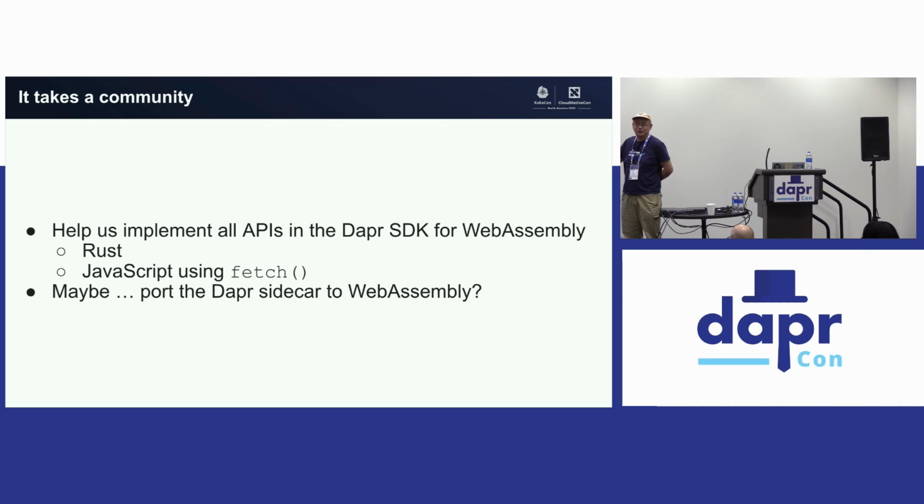TinyGo works, but I don't think Dapr works with TinyGo. So I think that's more work. This may need a substantial amount of rewrite, or to have a lighter version of that, or something like that. I haven't really looked into exactly how much work it's going to be, but I know it would be substantial, I think.